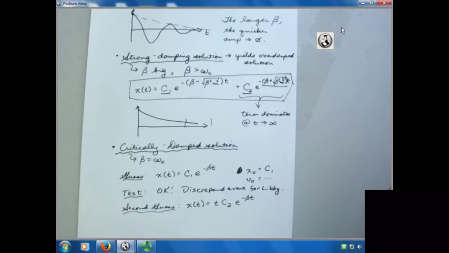Okay, let's check that one too. Do you need the equation of motion back?